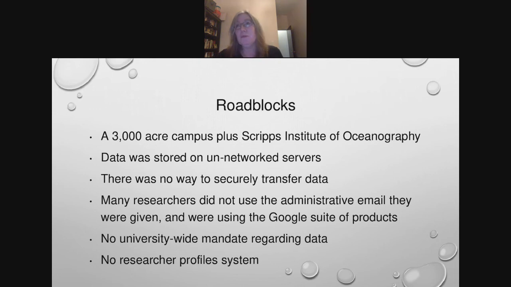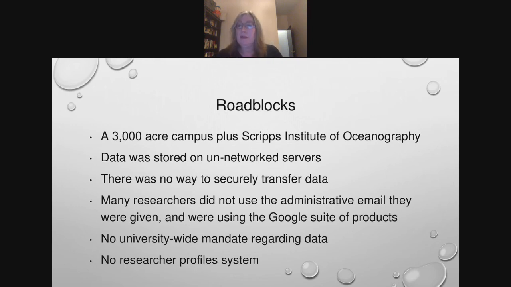I would do an office visit with a researcher and they would show me their area, and I would find a closet with a server and a grad student, and the only computer that would be networked to that server was the computer that was also in the closet. This happened more times than I can remember.